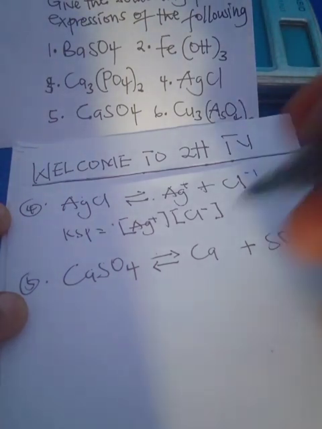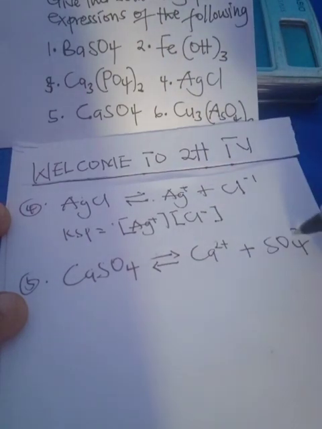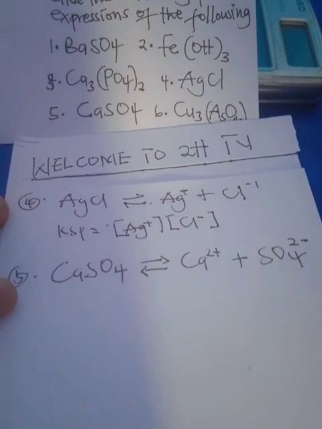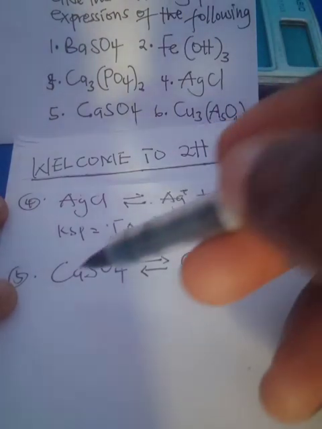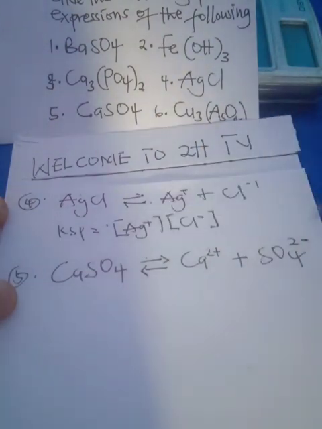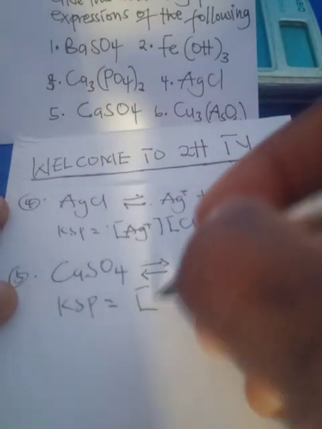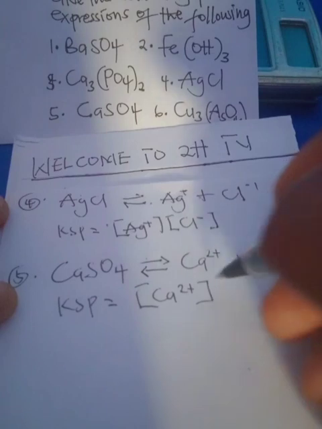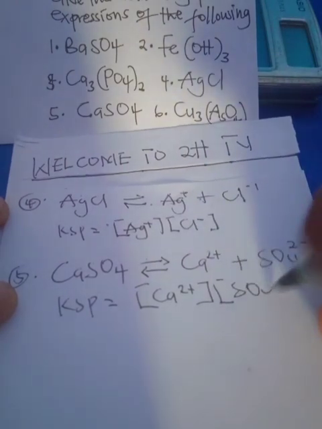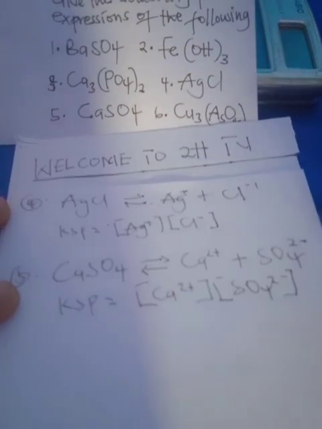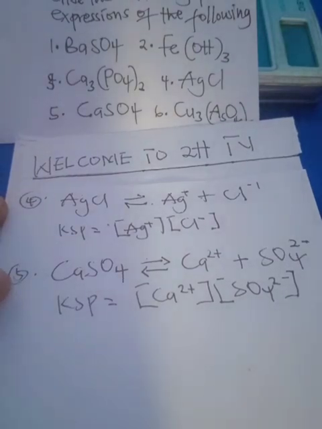They cancel each other's effect, so 2 plus, 2 minus, right? So this is how it is. So quickly, it is balanced because we have calcium to be 1, 1, SO4 1, 1. So the KSP is simply equal to concentration of calcium 2 plus multiplying the concentration of SO4 2 minus, right?